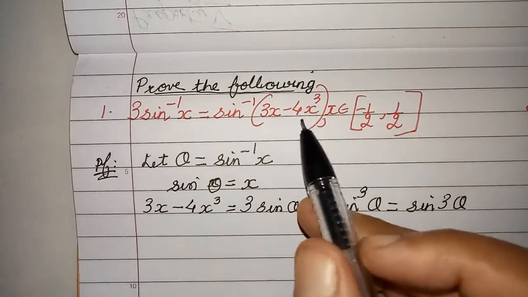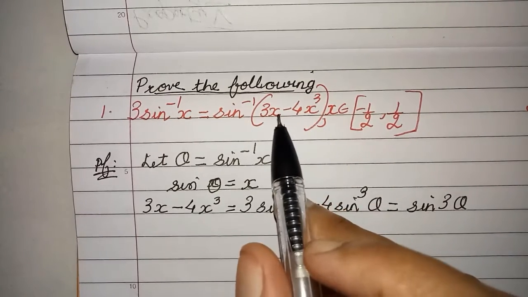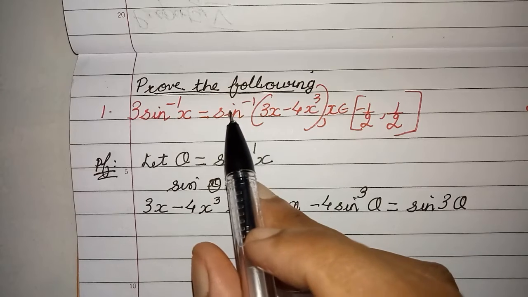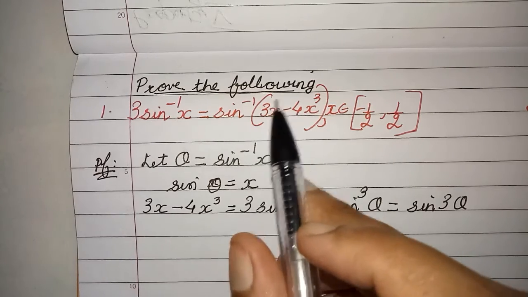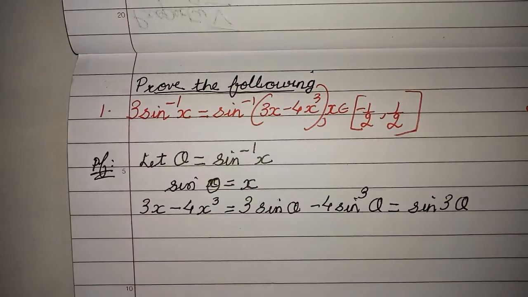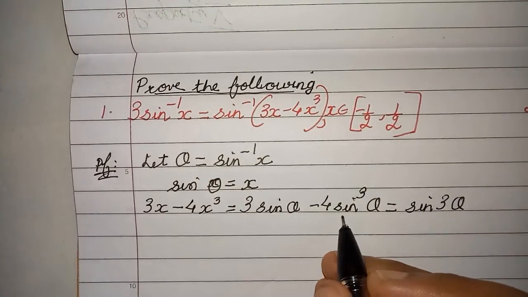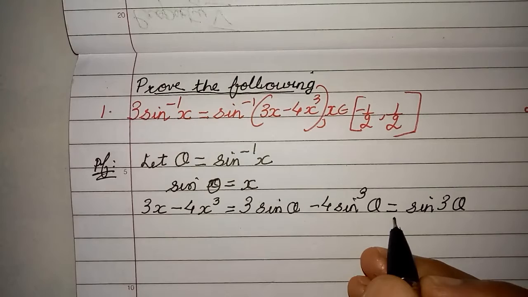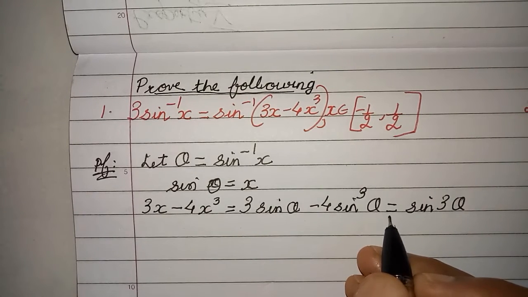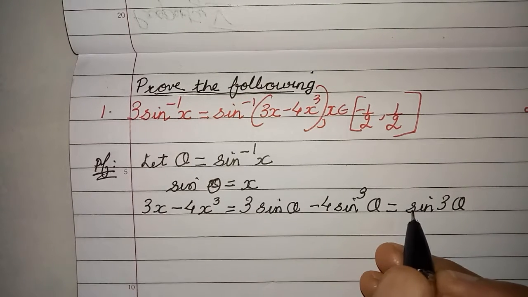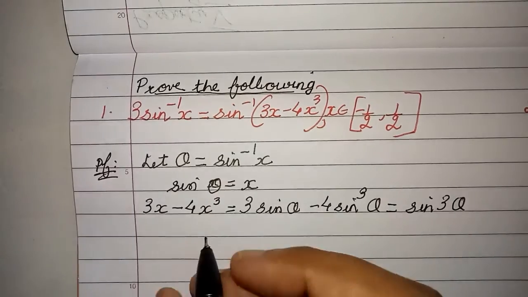When you become familiarized with the problem, children, you will understand. One key is that if there is sin inverse and sin, then something will get cancelled. That is the main idea or logic behind it. So 3x minus 4x cube is equal to sin 3 theta. In the next step, I can pull my sin inverse to my left side, right?